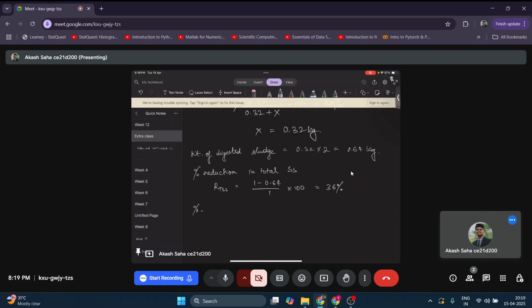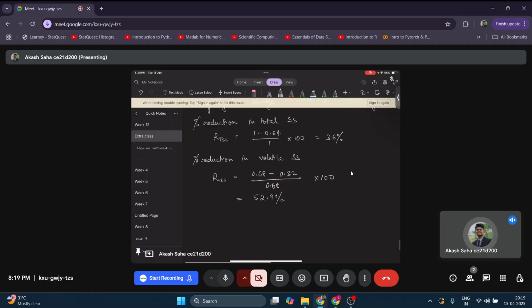And the percentage reduction in volatile solids, RVSS, is 0.68 minus 0.32 divided by 0.68, into 100, so 52.9 percentage.